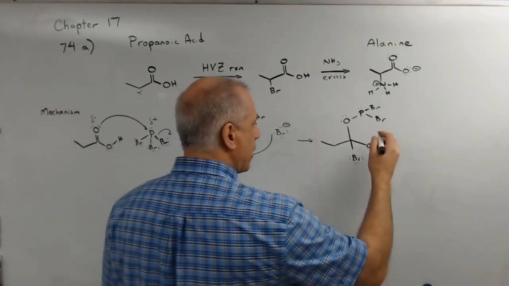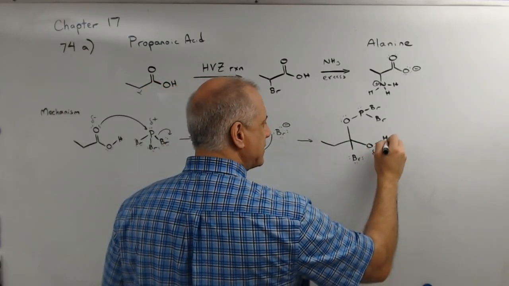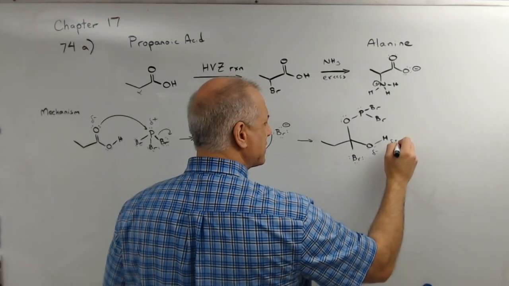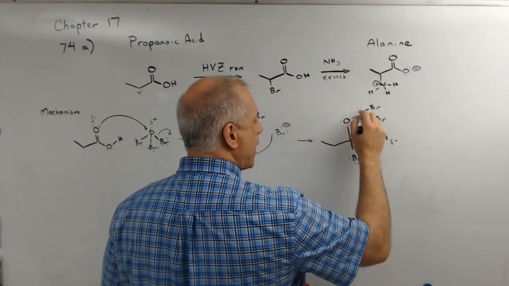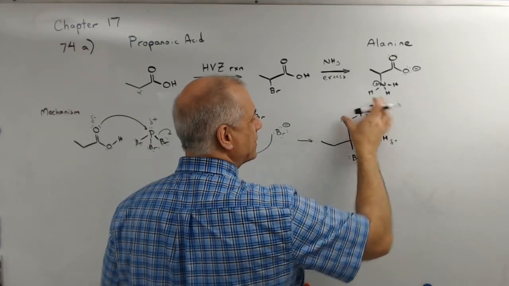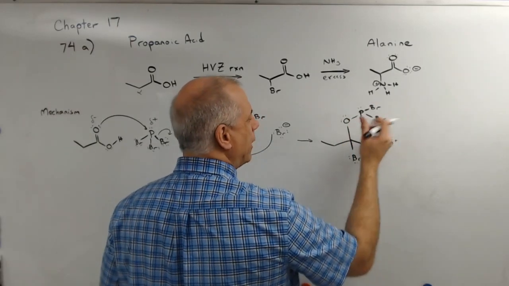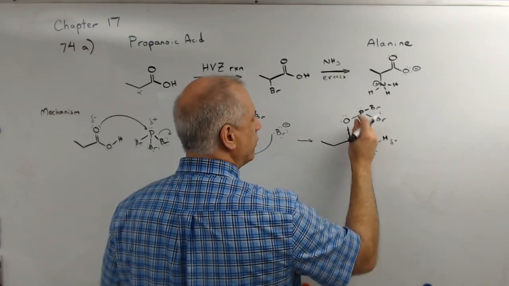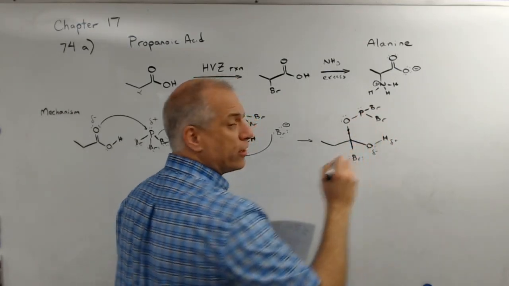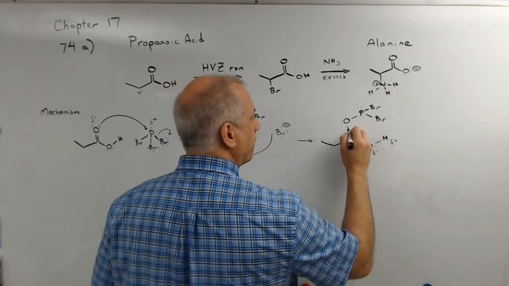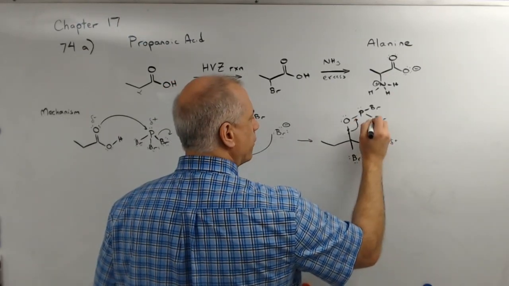The oxygen, delta minus, this right here, delta plus, this oxygen right here. The phosphorus is electrophilic because it's got all these things pulling on it, and so that's really the driving force here for this to happen. It's actually strong enough to break a carbon-oxygen bond. So this goes there.